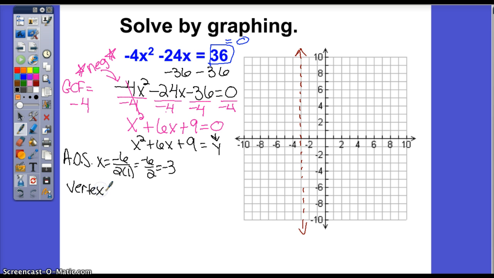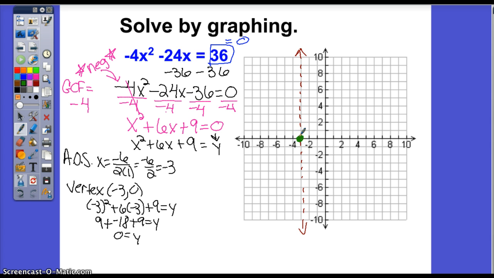So plug negative 3 in. So I have negative 3 comma something. So it'll be negative 3 quantity squared plus 6 times negative 3 plus 9 all equals y. Negative 3 quantity squared is 9 plus 6 times negative 3 is negative 18 plus 9 equals y. If you add all these up, you get 0 equals y. Negative 3 comma 0. It looks like we've found one of our zeros. Negative 3 comma 0 is right about here.